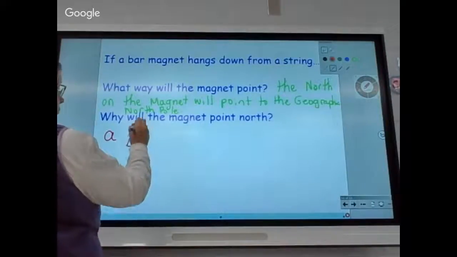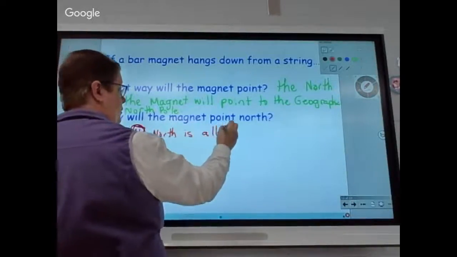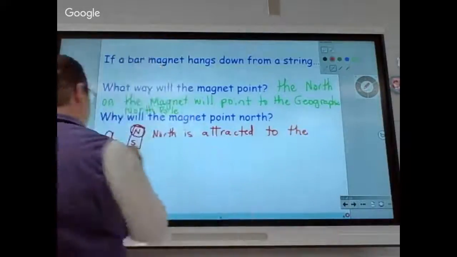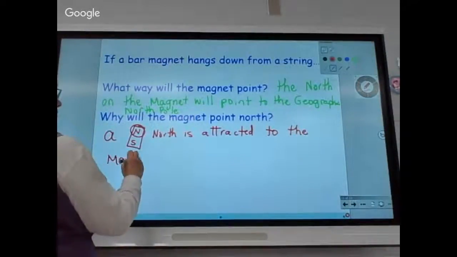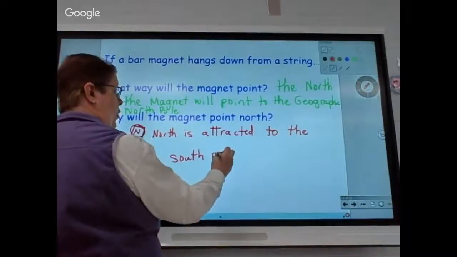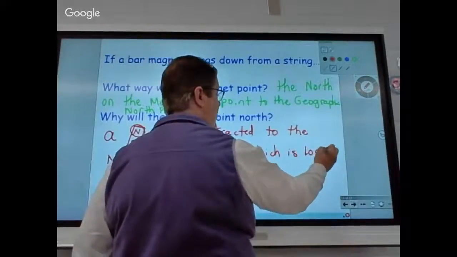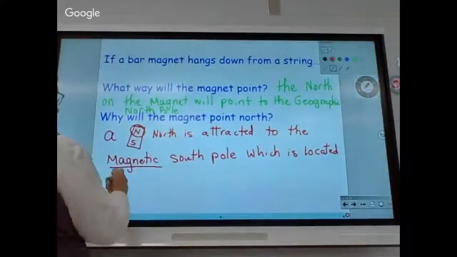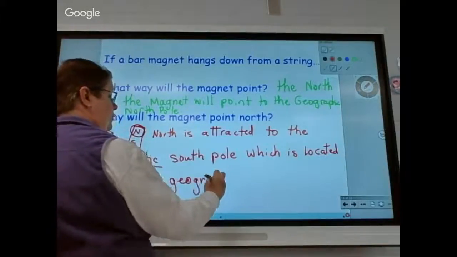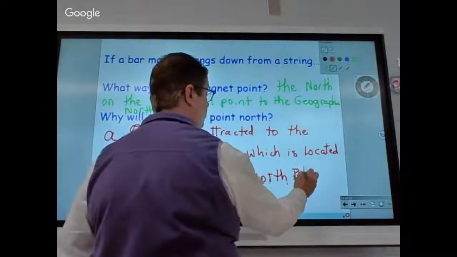A north is attracted to the magnetic South Pole, which is located at the geographic North Pole.